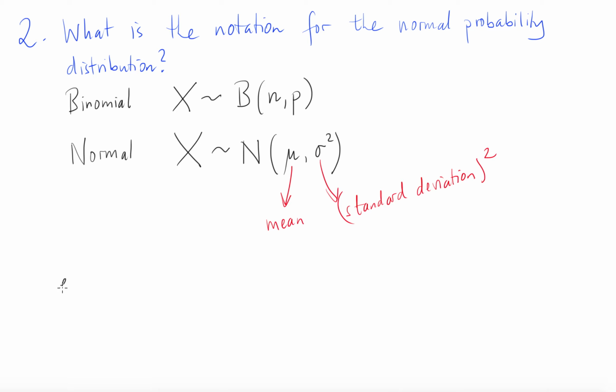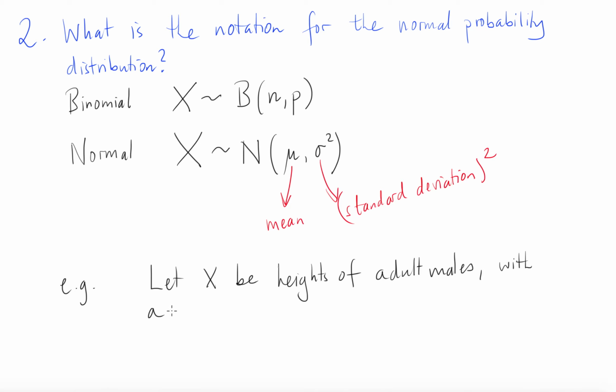So for example, let x be heights of adult males, with a mean, I don't know, 180, I'm just making up these values, 180 centimeters, and standard deviation 20 centimeters.